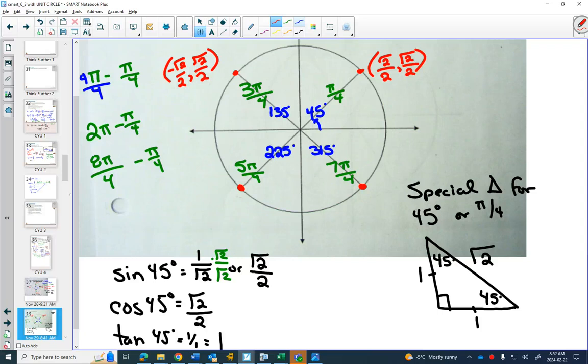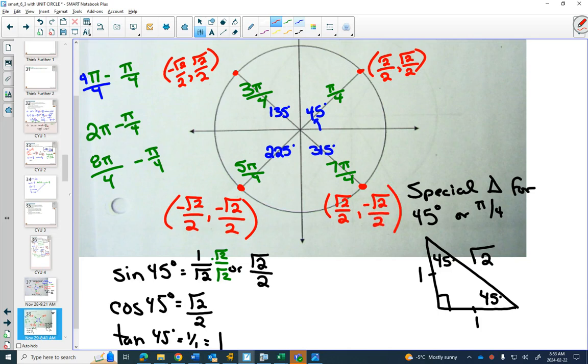And in quadrant 3, my x-coordinate would be negative, because I'm going to the left, and I'm going down, so my y-coordinate will be negative. And in quadrant 4, I'm going to the right, so my x-coordinate is positive, and I'm going down, so my y-coordinate is negative.